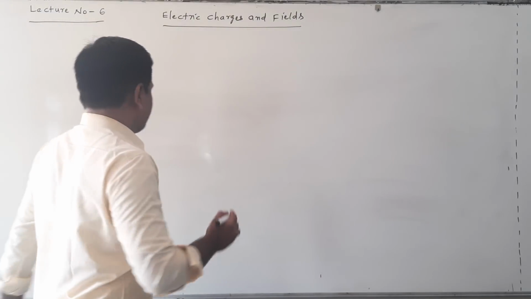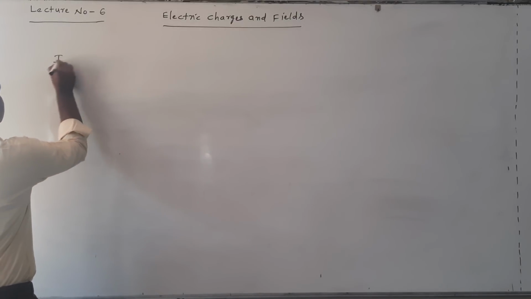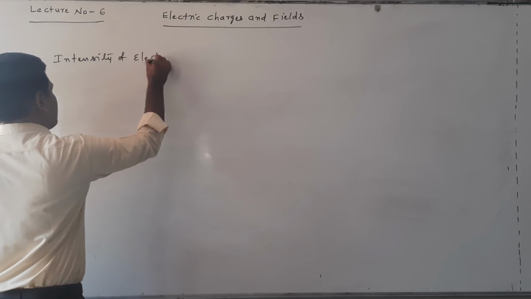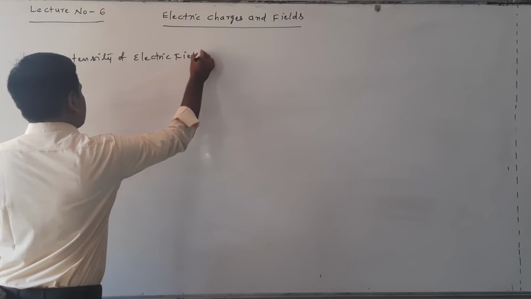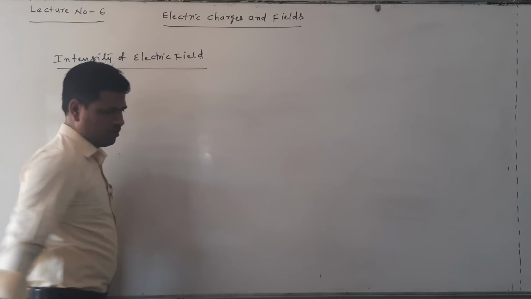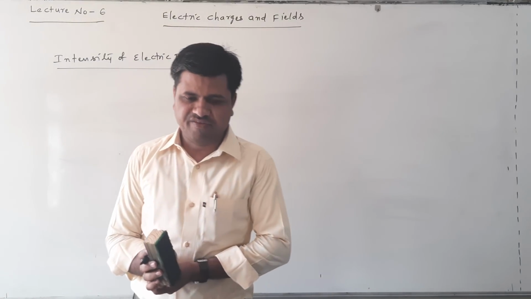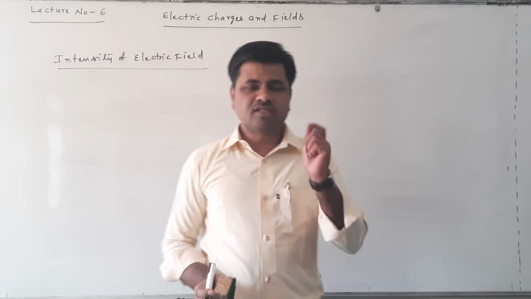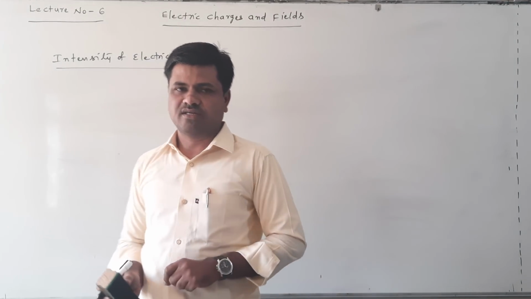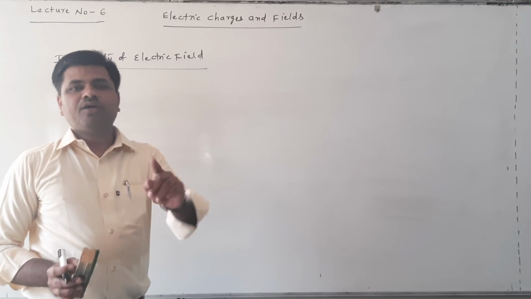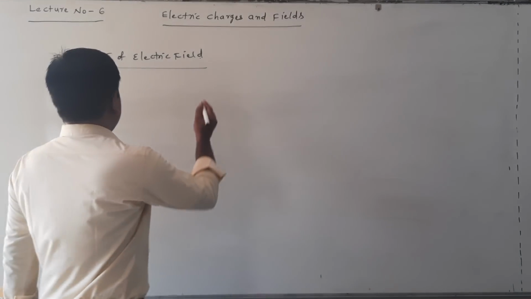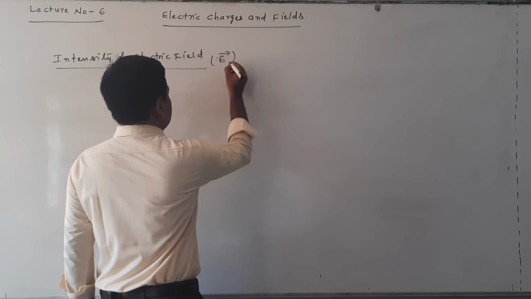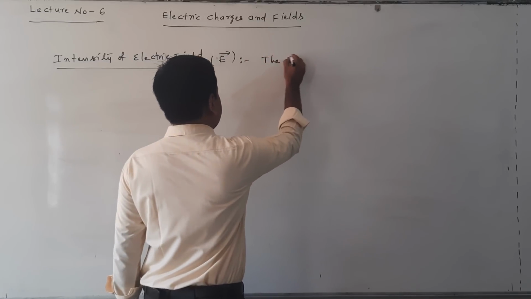Next, we define another physical quantity called the intensity of electric field. What is meant by the intensity of electric field? The intensity of the electric field can be defined as the force experienced by a unit positive test charge. It is denoted with E bar.